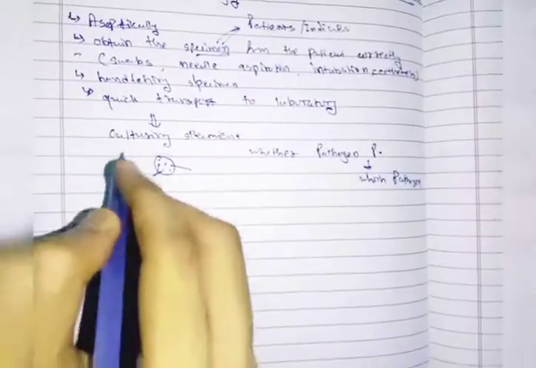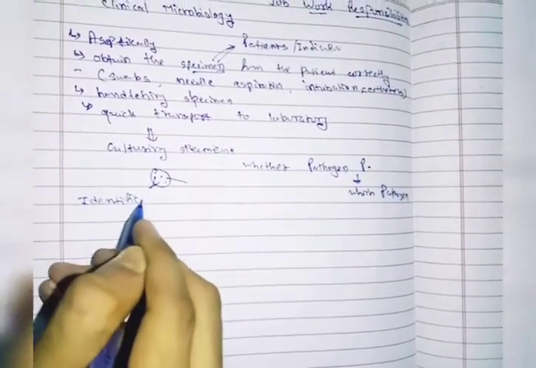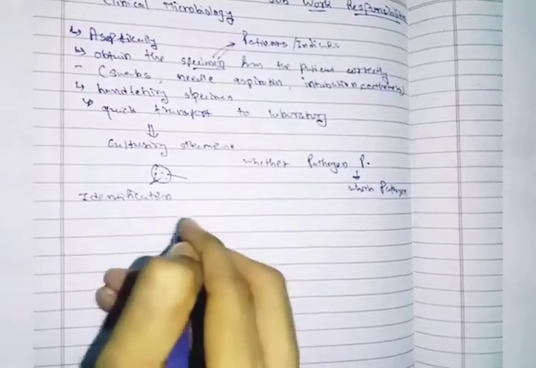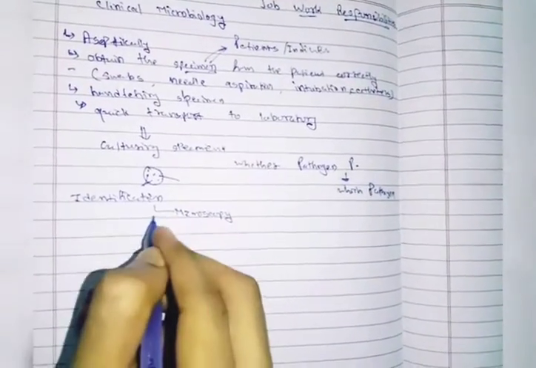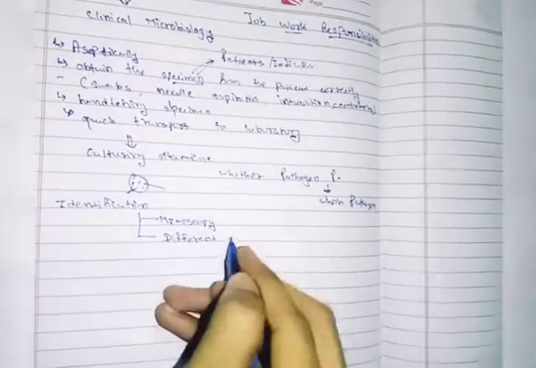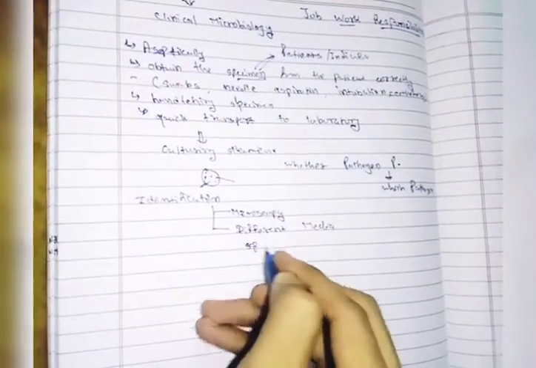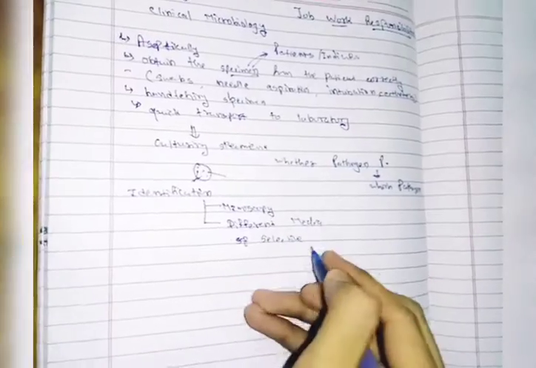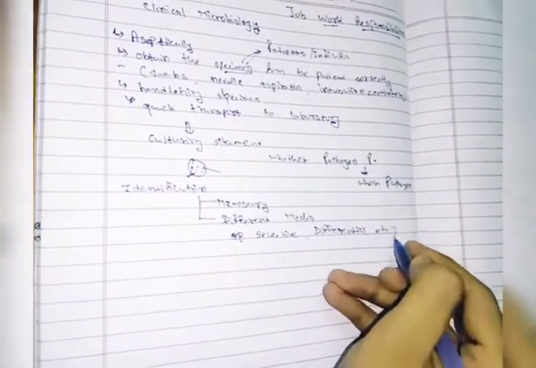Okay. Then for identification, microscopy is required. Through microscopy, then different types of media are used, that means selective media, differential media, etc. Okay.